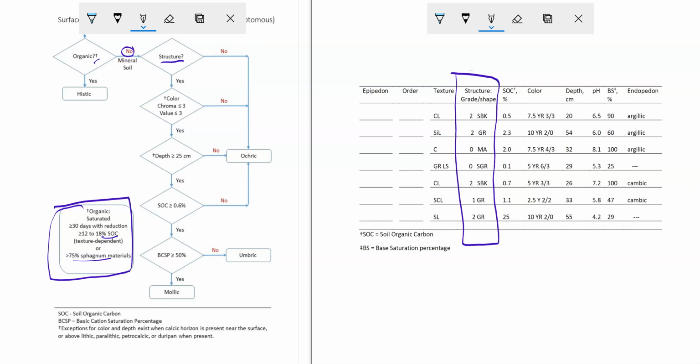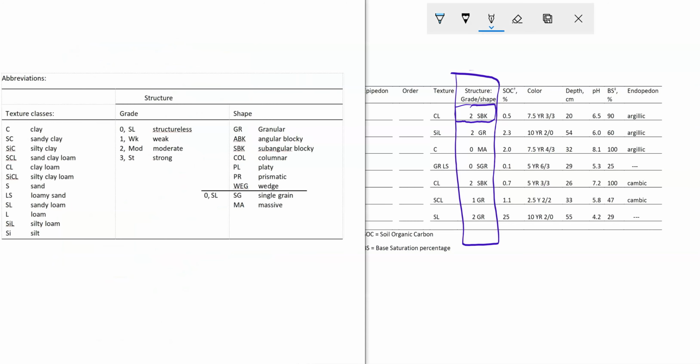In this case, we're looking just at one soil, this first horizon. Does it have structure? We've got the abbreviations in the column, and so we need to remember what the abbreviations represent and which of these represent structure and which may not.